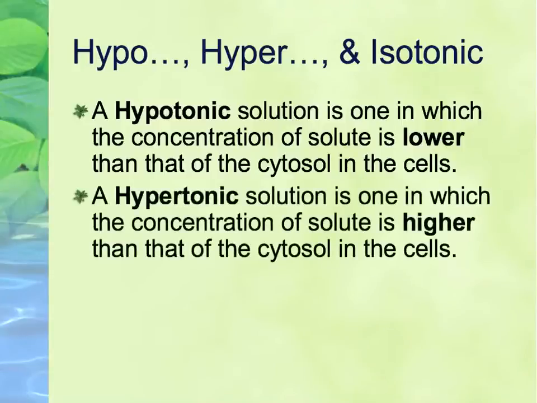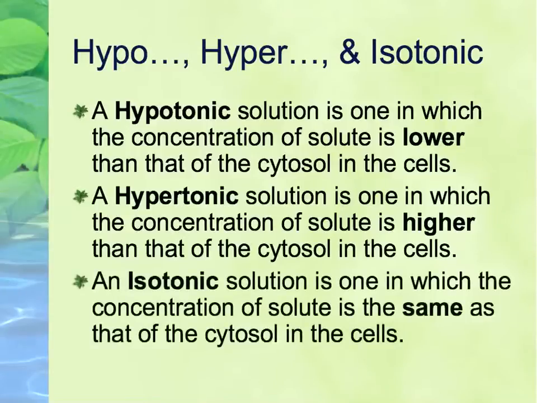The opposite term is hypertonic. If a solution is hypertonic, it means it has more stuff dissolved in it compared to the cells. Okay? And finally, an isotonic solution is one in which the concentration of solute is the same as compared to the cells. So hypotonic is closer to a pure substance, okay?